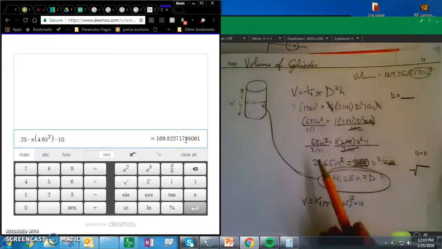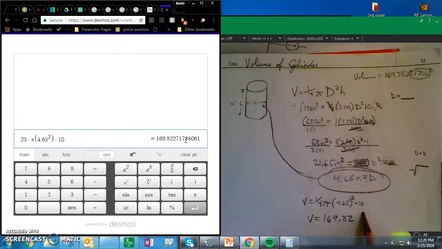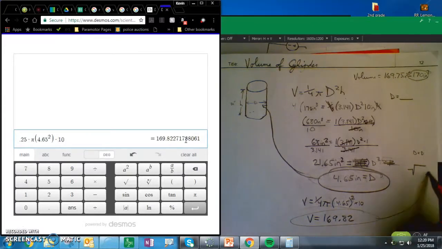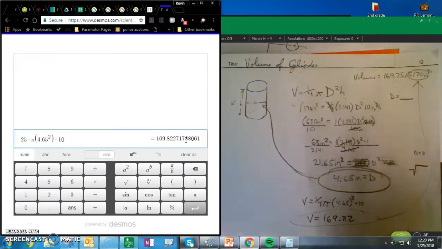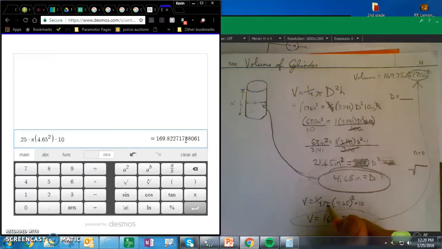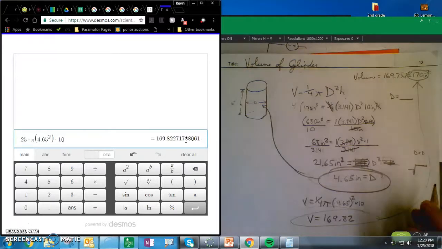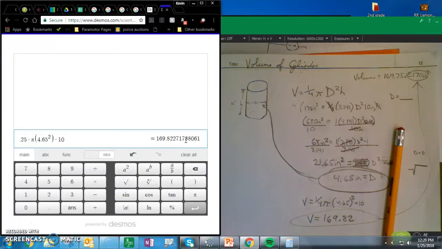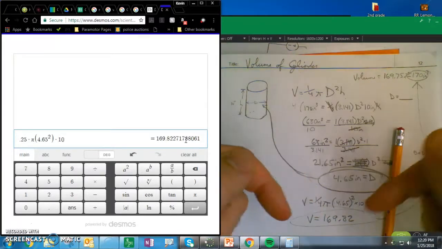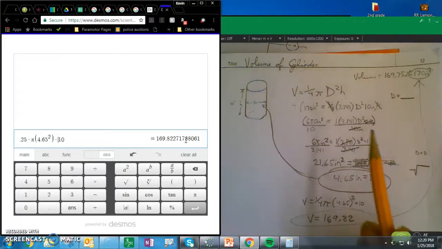V equals 169.82. That's pretty close. And the reason why it's slightly varied is because we rounded up our numbers, we rounded down our numbers. That's going to affect our result in the end right here. So anyway, now you can figure out what the dimensions of your cylinder are.